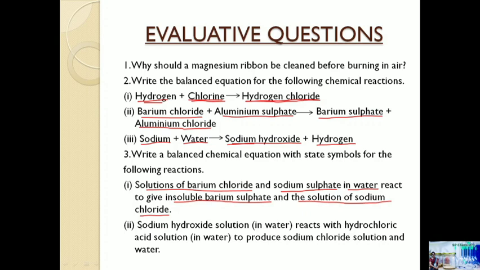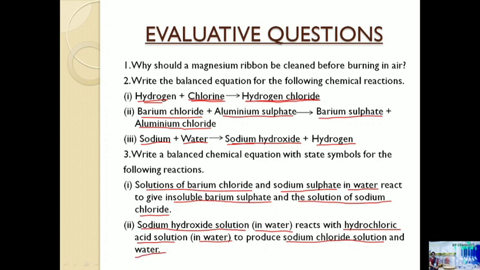Then let us discuss the last question for you. Sodium hydroxide solution in water. Sodium hydroxide you can write NaOH, and in water means (aq) within brackets, reacts with hydrochloric acid solution in water. That means HCl(aq), and produces sodium chloride solution and water.